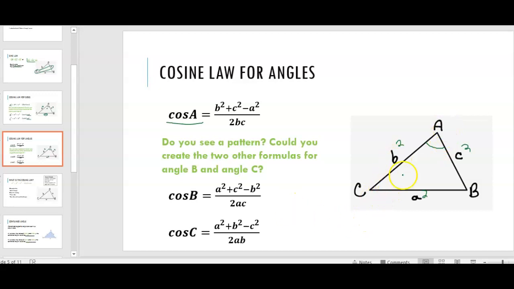And once you understand this pattern, please come back to this before you check the other two formulas to understand the pattern that is going on with cosine law when we solve for angles. Okay, once you have that understood, solving triangles using cosine law will be pretty straightforward.